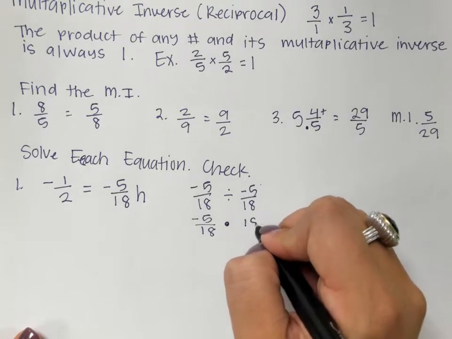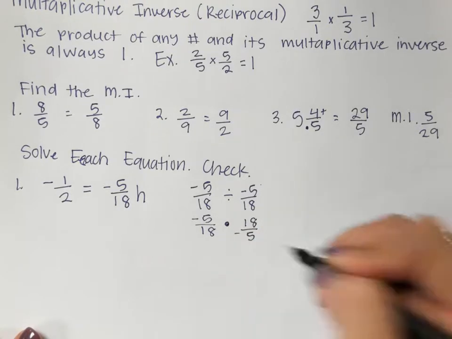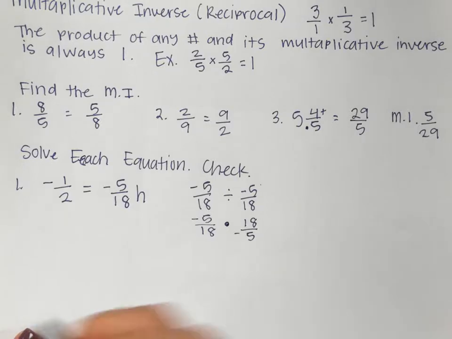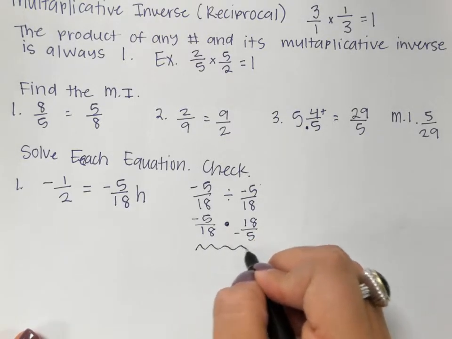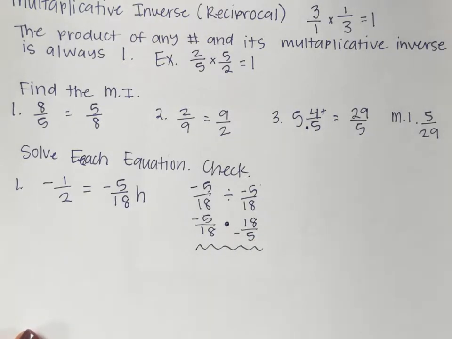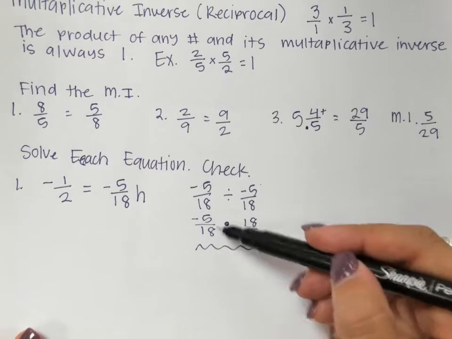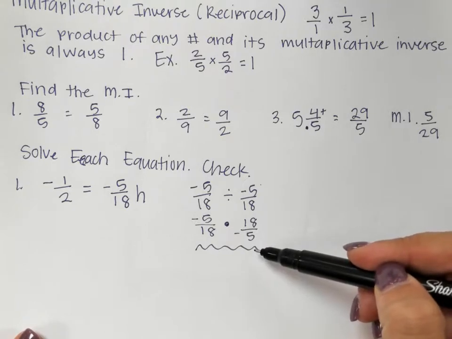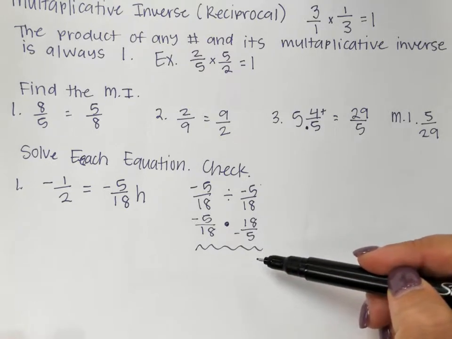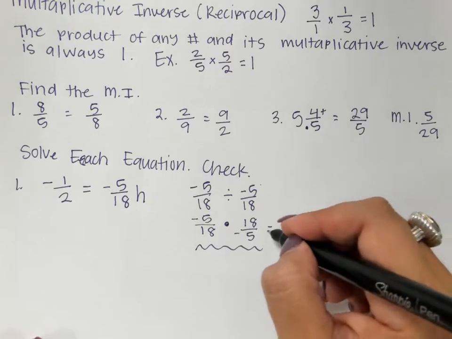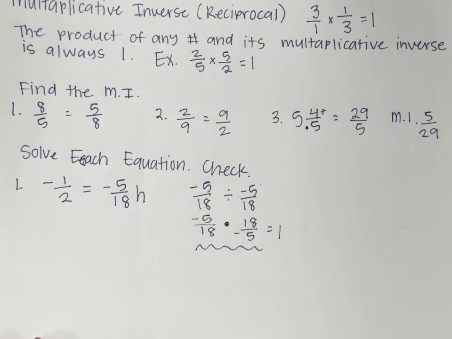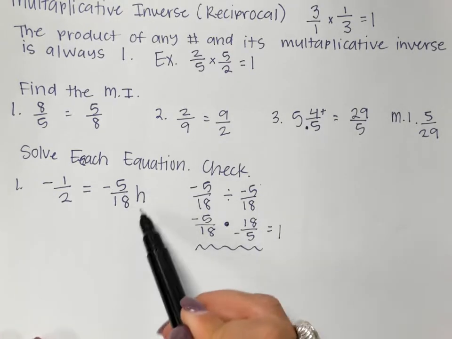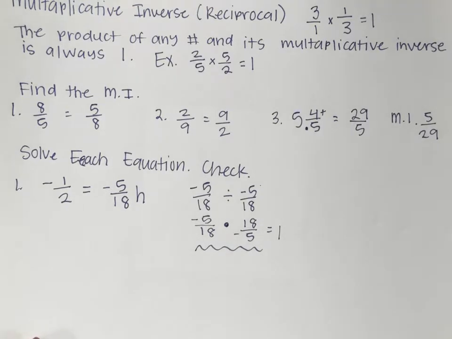So that means I have 18 over negative 5. What do these two numbers look like? Multiplicative inverses of each other, right? Negative 5 over 18 and 18 over negative 5. So this is equal to 1, which is what I want, right?